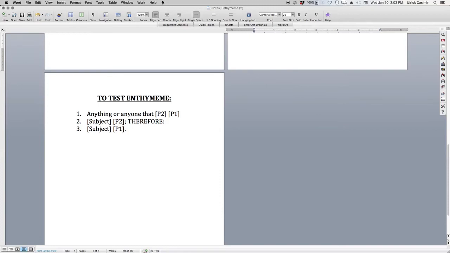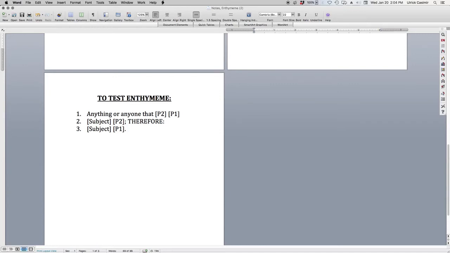That's a long-winded, verbose way of saying something really simple, which is that in order to test the enthymeme, you need to identify the logic at the heart of it. And to do that, it's basically a three-step process. These three formulations that you see in front of you now are exactly how you would do that.